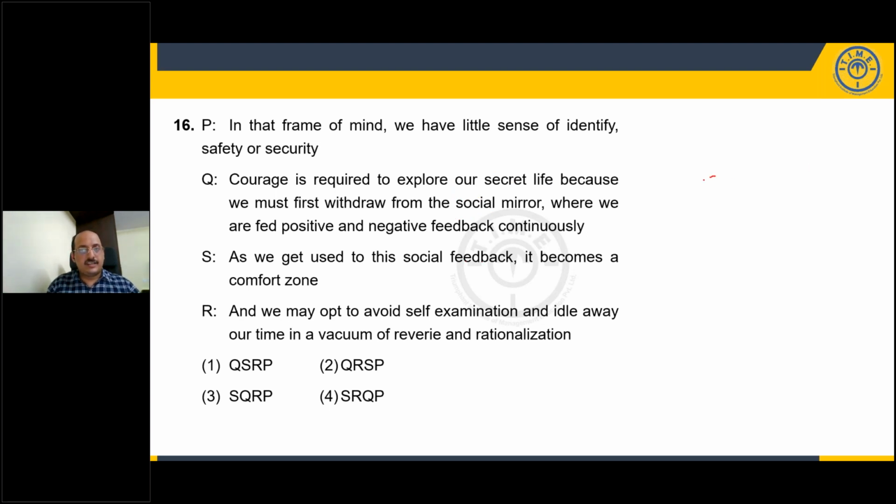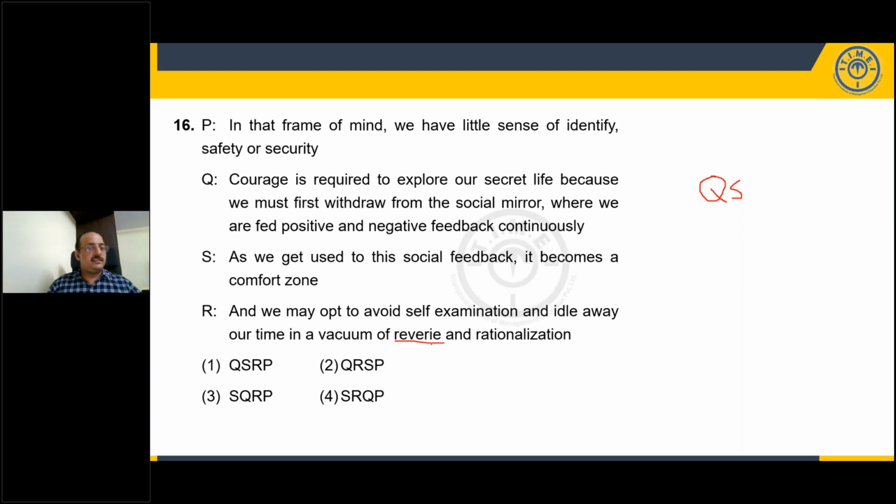So can I say Q and S come together? Yes, because courage is needed in a certain manner because we need to avoid the social feedback. And as we get used to it, it also becomes a comfort zone. And we may opt to avoid self-examination and idle away in a vacuum of reverie and rationalization. Reverie is unconsciously thinking something.